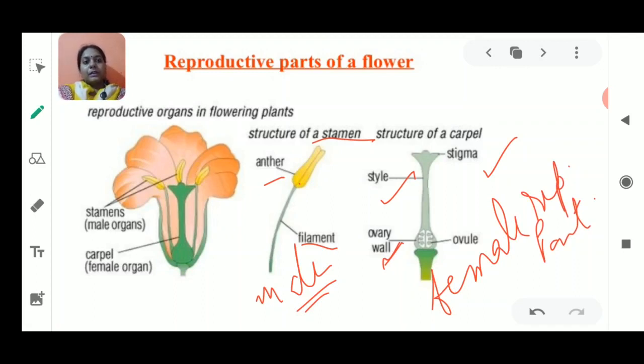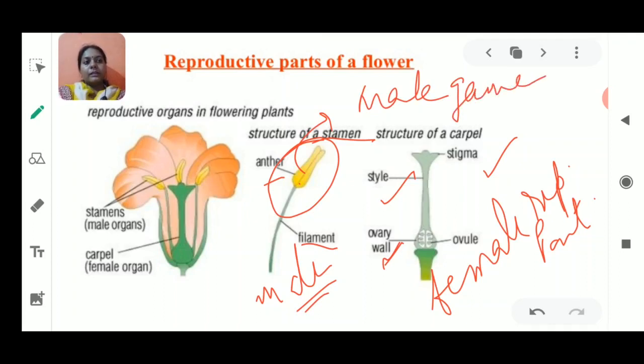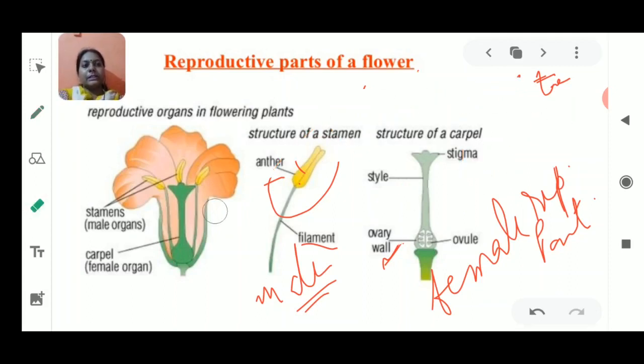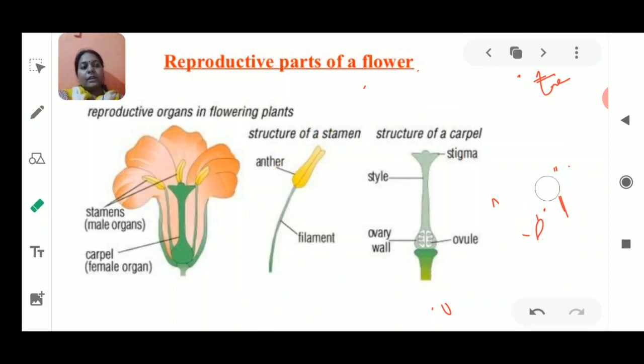The stamen has a male gamete, and this pistil, or the carpel, has the female gamete. If we talk about the male and female gamete in detail, we will go on when I teach you the next step of sexual reproduction. Then I will tell you more about these gametes.